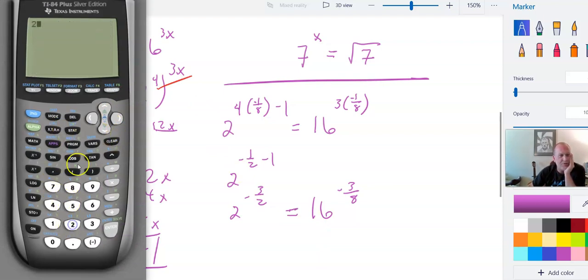So let's see, 2 raised to the -3/2 is that number. And now we just need to do 16 raised to the -3/8.